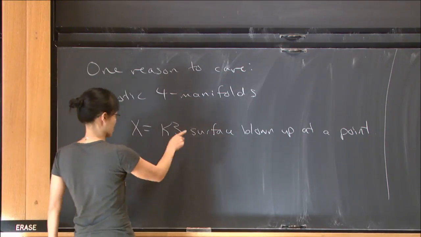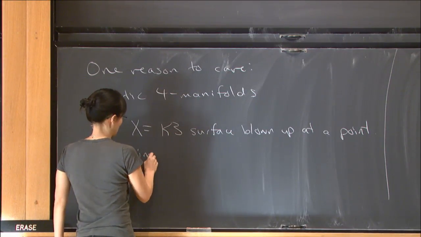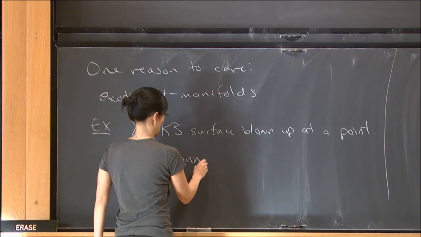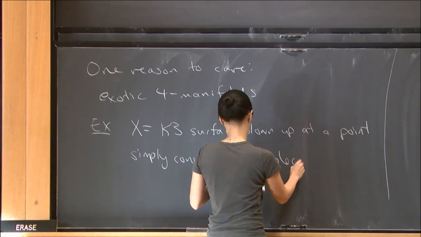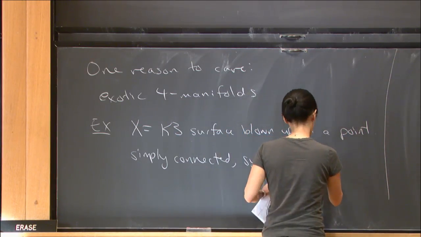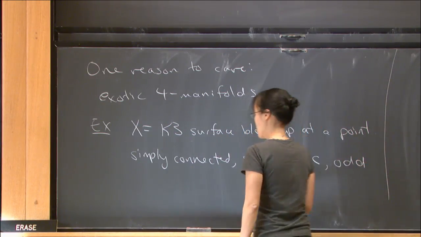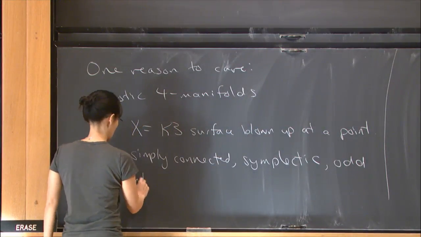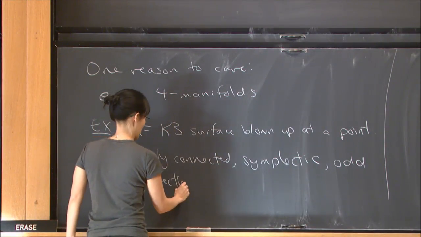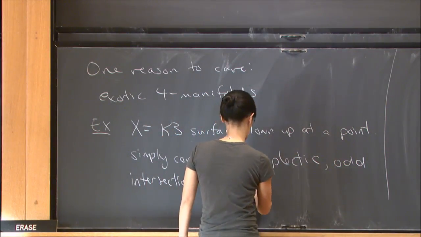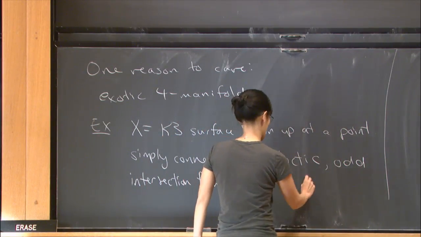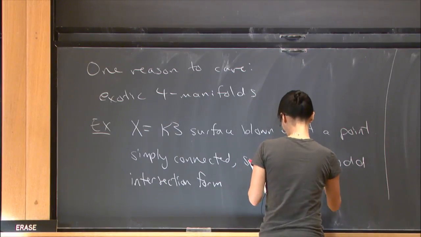We care about the fact that this is simply connected, symplectic, and has an odd intersection form. And b2 plus is 3, b2 minus is 20.